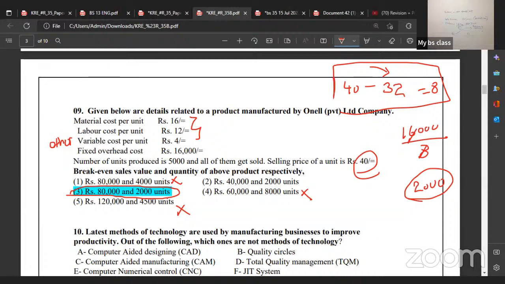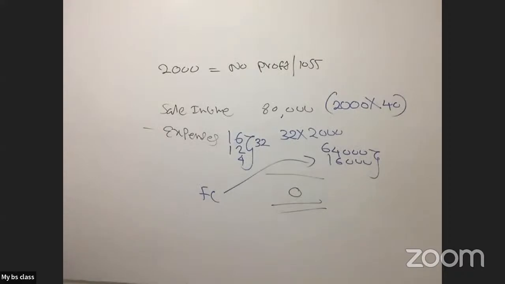That is what I explained here, because ultimately the answer should be 0 at the break even point, income minus expense. Right? So income is 80,000, so expense must also be 80,000. How is expense made up? Variable cost plus fixed cost. Variable cost is 16 plus 12 plus 4, which is 32 per unit.